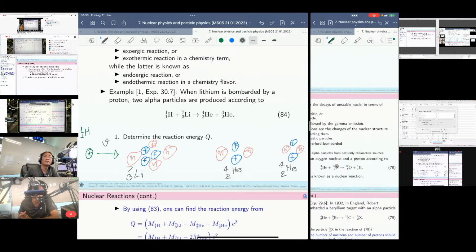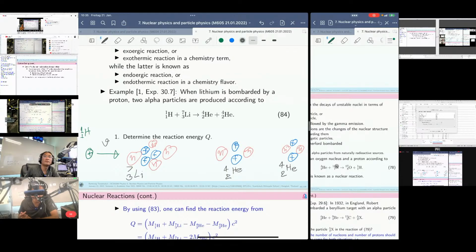Let me write down what's going on in the Rutherford experiment.